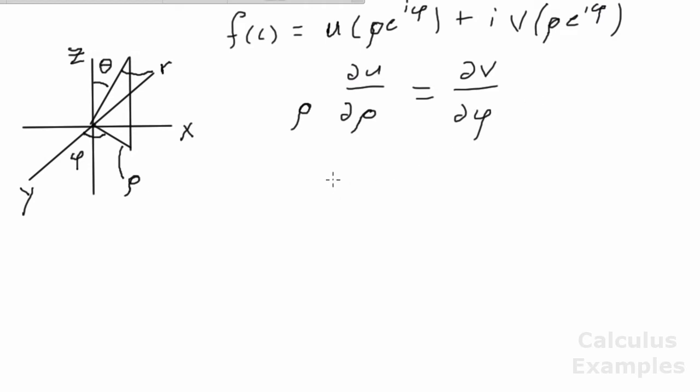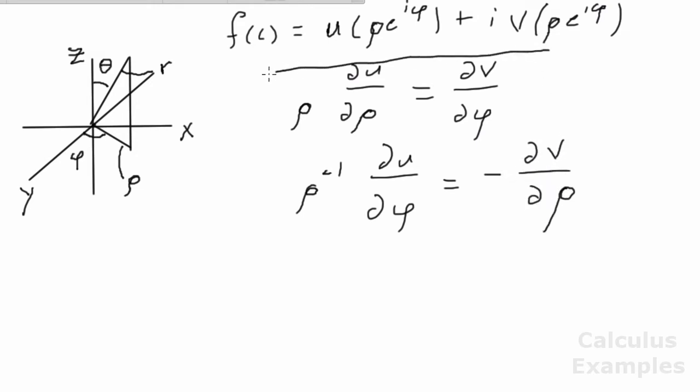That is the first Cauchy-Riemann condition for polar. And we get a second equation, which is rho to the negative 1, partial of u, partial phi, equals negative partial of v, partial rho. All right, so these are the Cauchy-Riemann conditions for polar.